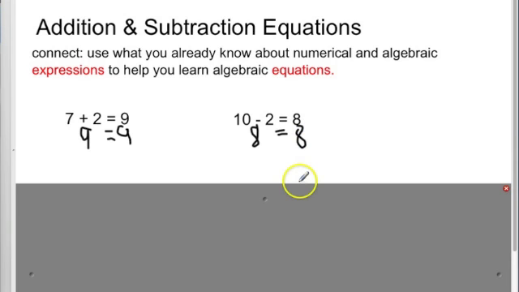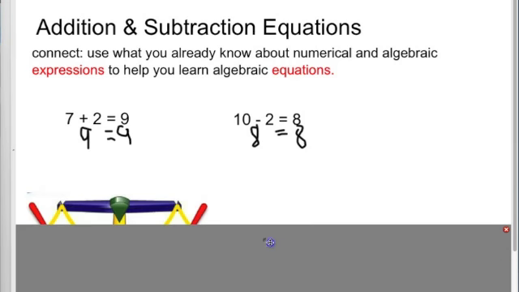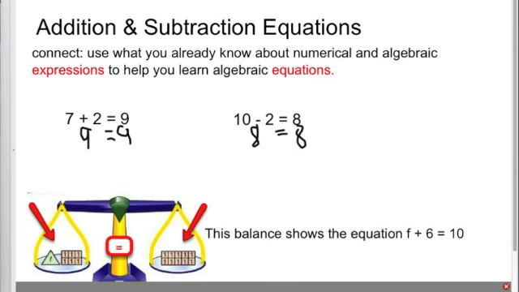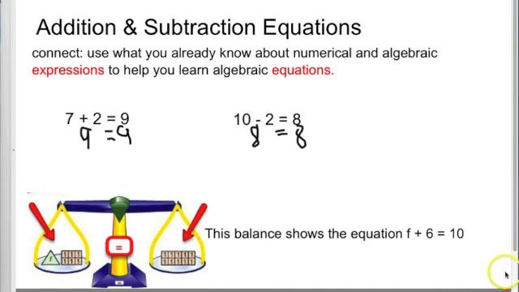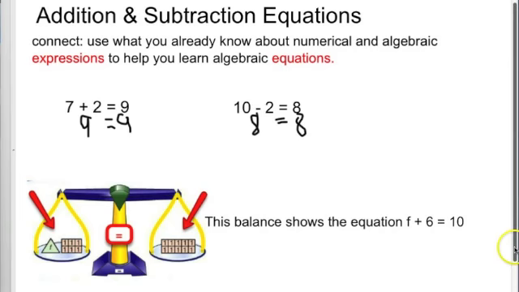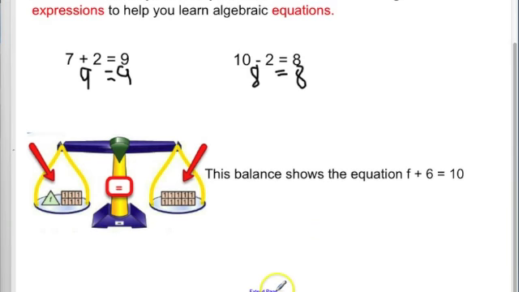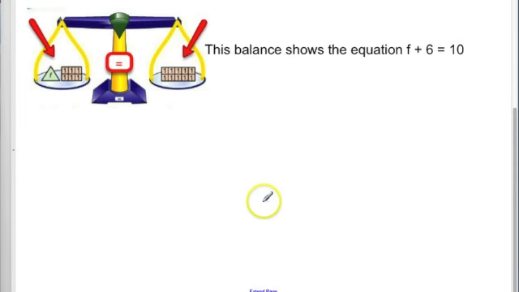Now let's apply that if we were looking at a balance and we were looking at an algebraic equation. So let's look at this part. On this balance, you can see the equation f plus 6 equals 10. I can see that the triangle here represents the variable f.